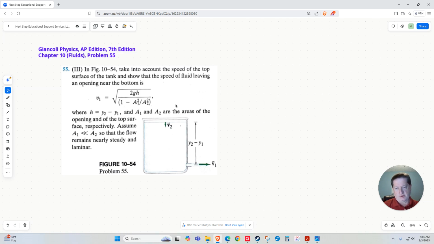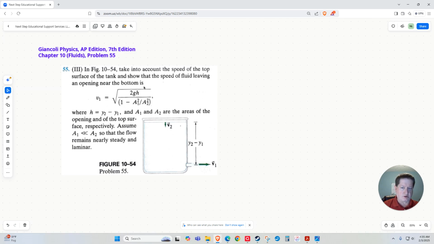Now, the only thing that's a little bit different here is that oftentimes we have similar problems to this where we'll assume this velocity here is 0, because we assume this area is so much larger than this area here that this is relatively motionless, that this velocity is much higher than this one. We essentially ignore this one.